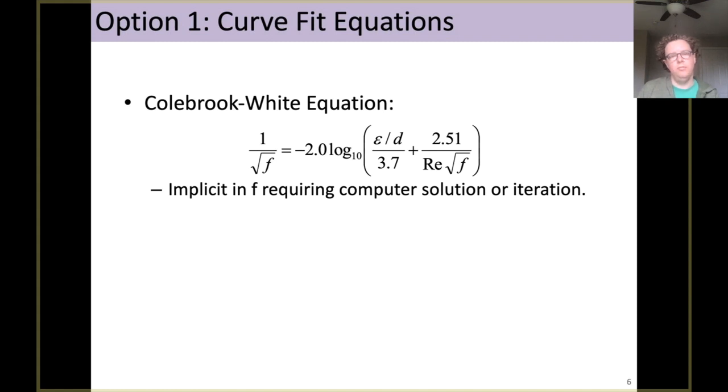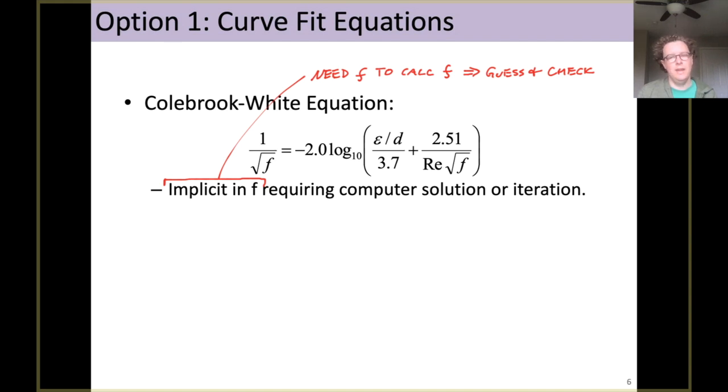them with relationships. And so one popular version of this is called the Colebrook-White equation, and that's written here for you. Now the challenge here is that this is implicit in friction factor. In other words, that friction factor appears on both the left-hand side and the right-hand side of the equation, and you can't separate them.